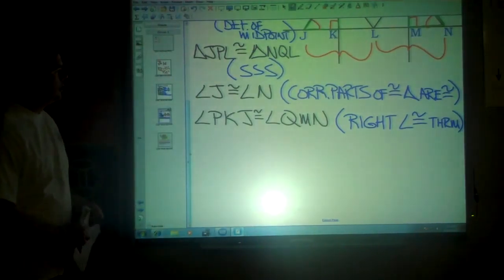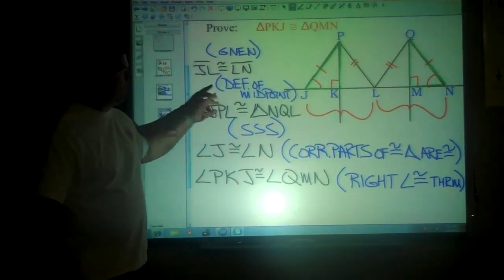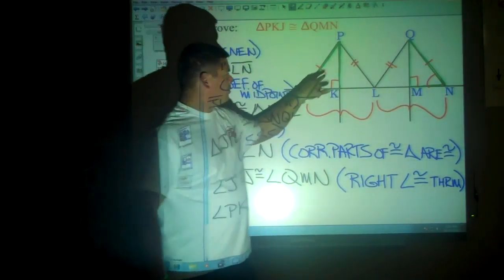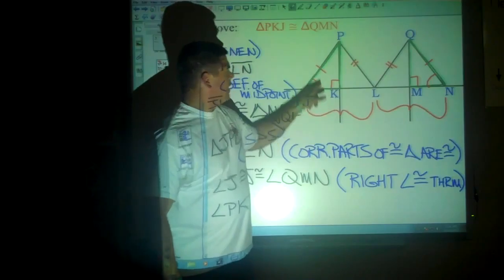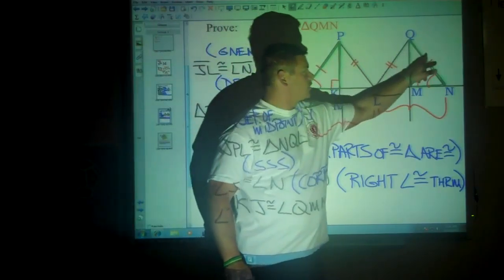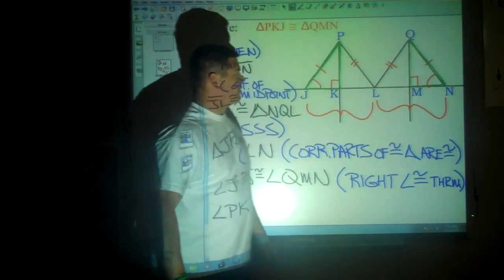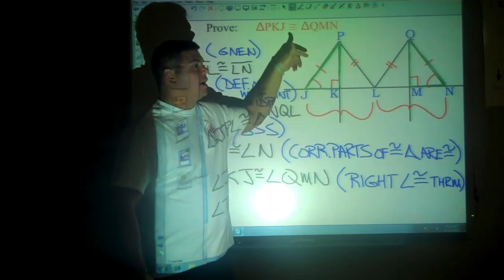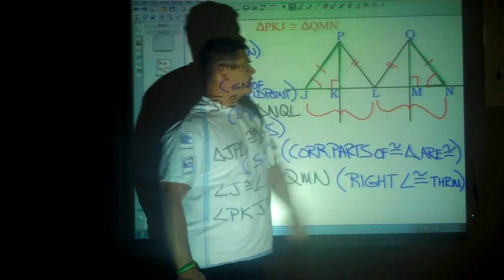And the last one. I have now proven that I have a congruent part to a congruent part. And I have a side that's congruent to each one of them too, because that was given. Remember, that side is not included between the two angles. It's a non-included corresponding side.